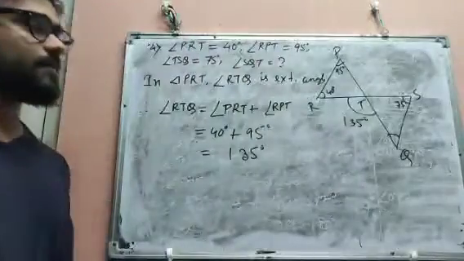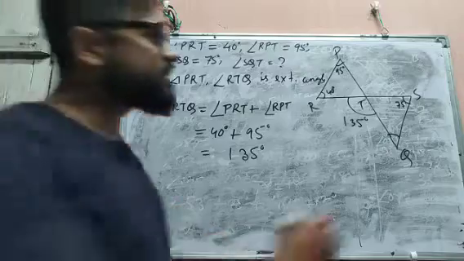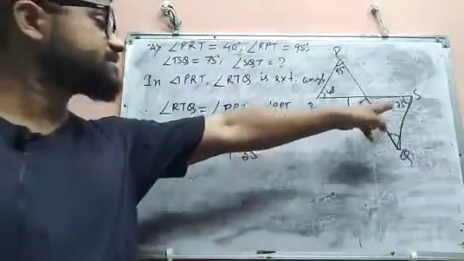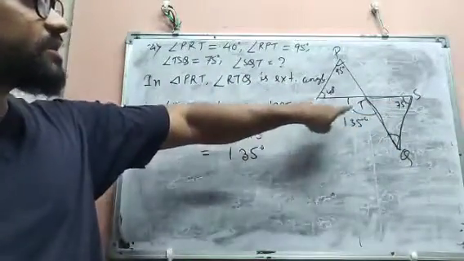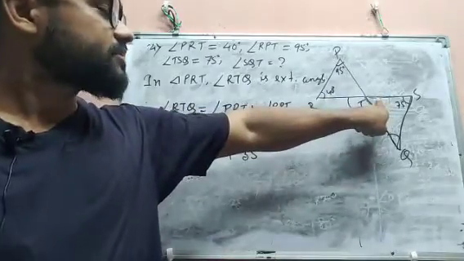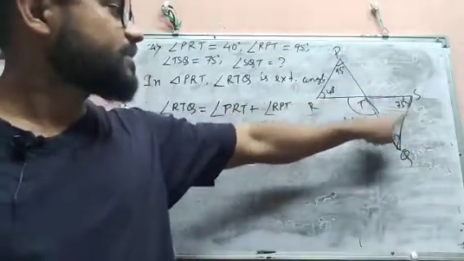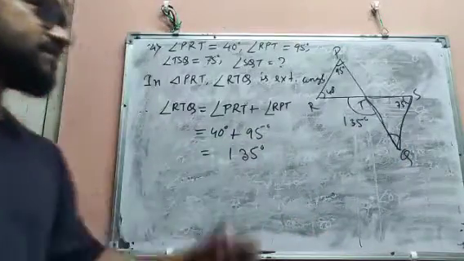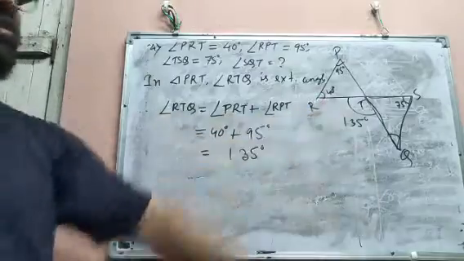That means this angle is 135 degrees. Again we can consider the triangle SQT. In triangle SQT, RTQ is the exterior angle, and angle TSQ and angle SQT are the two opposite interior angles. So using that same property, we can find the value of SQT.